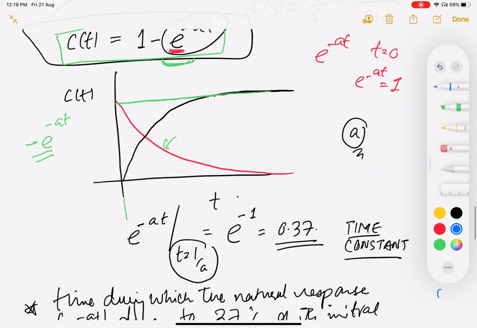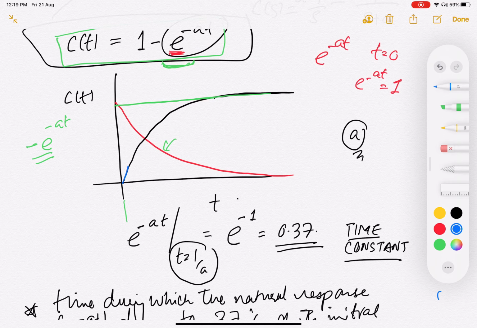So if you draw a tangent here at t is equal to 0, and you look at this angle theta here, you know that the tangent is equal to the derivative. So your tan theta should be equal to a. The tangent at t is equal to 0 will basically be equal to a, because that is the derivative at t is equal to 0.